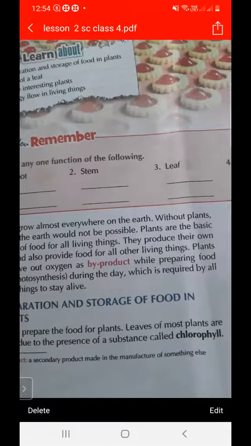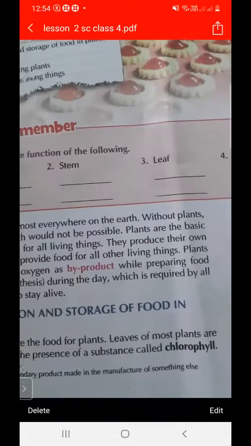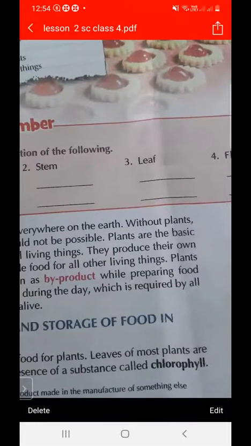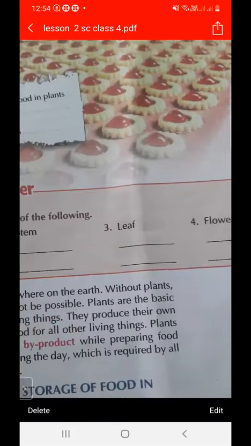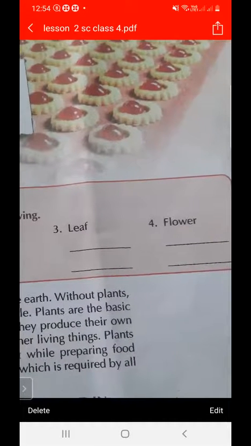Next is stem. Stem keeps the plant upright and straight. Leaf. What is the function of leaf? With the help of leaf, plants can prepare their food with the help of photosynthesis. And what is the function of flower?